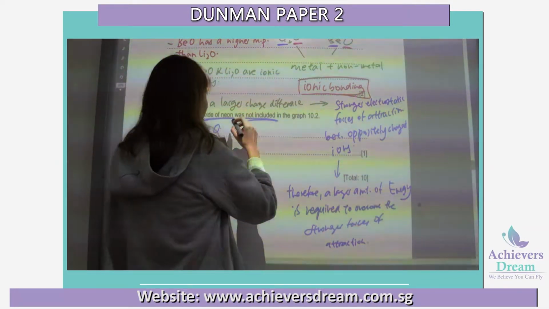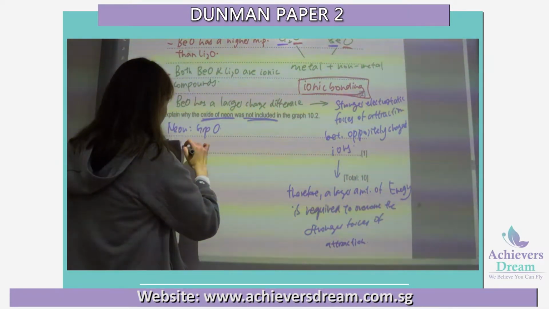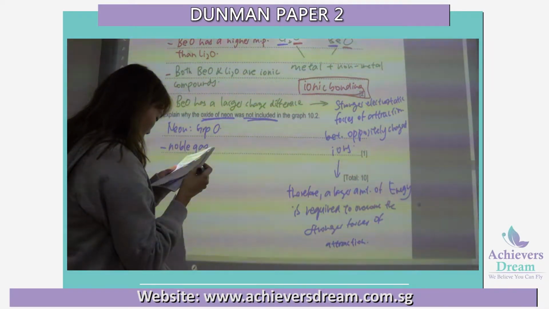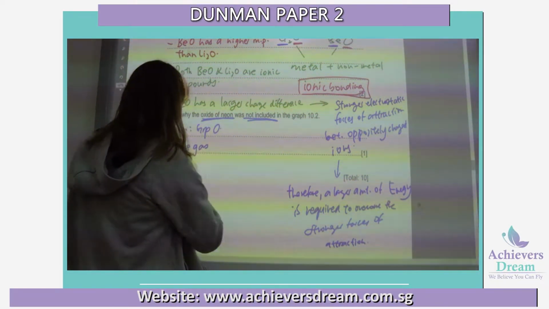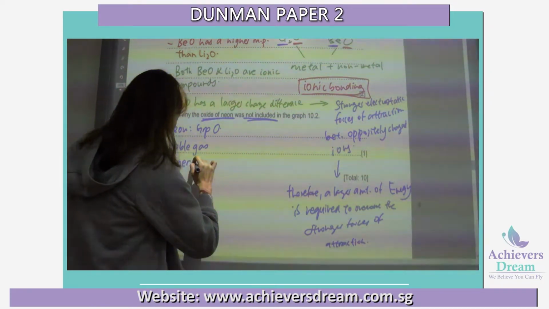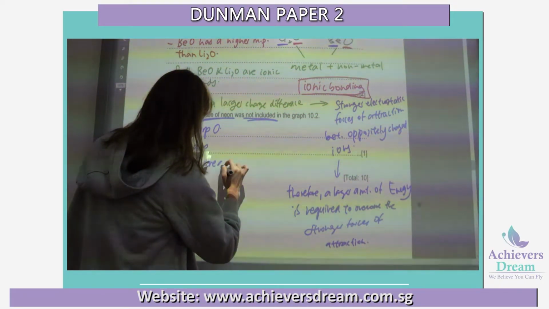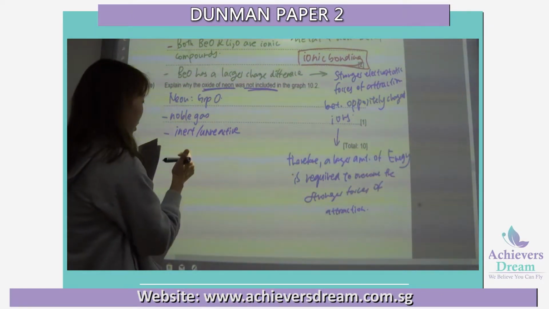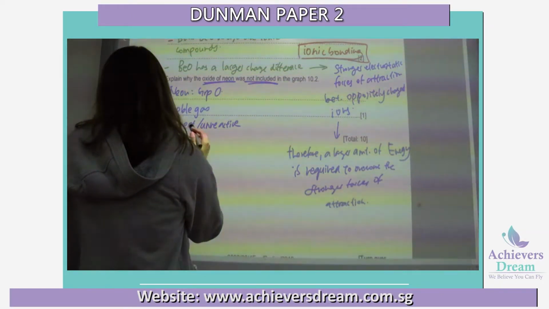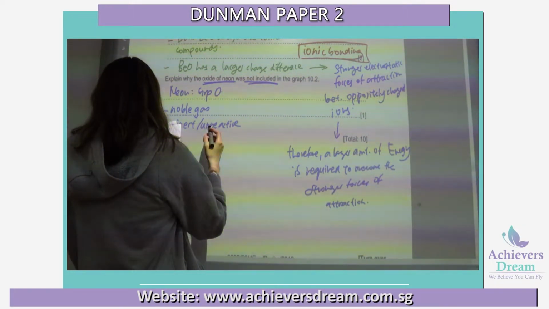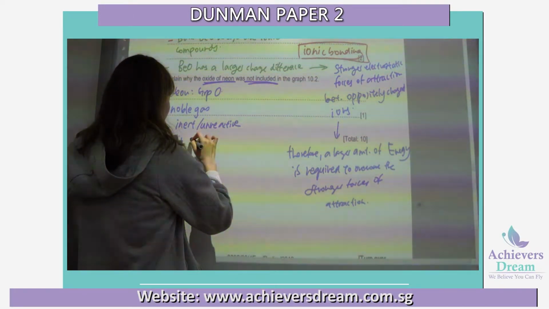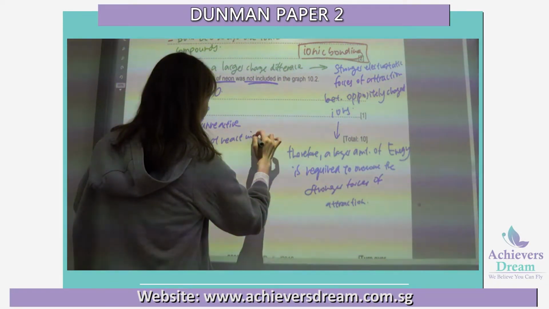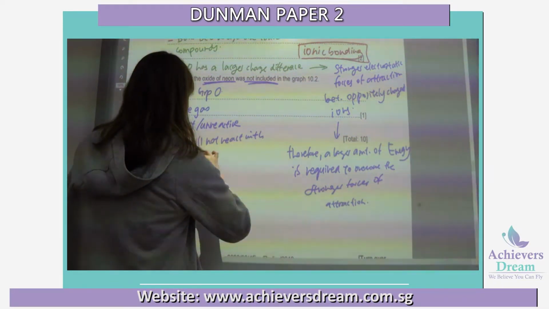It is a noble gas, correct? It is inert or unreactive. This is the unique property about noble gases, correct? So because it is so inert or unreactive, it will not even react with oxygen to form an oxide.